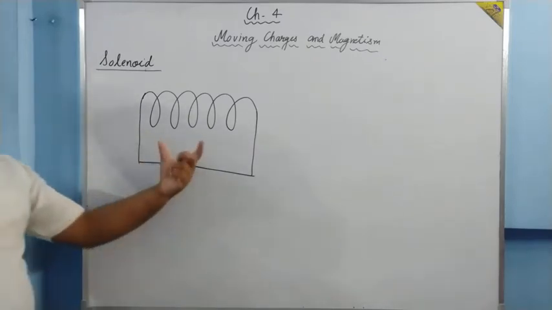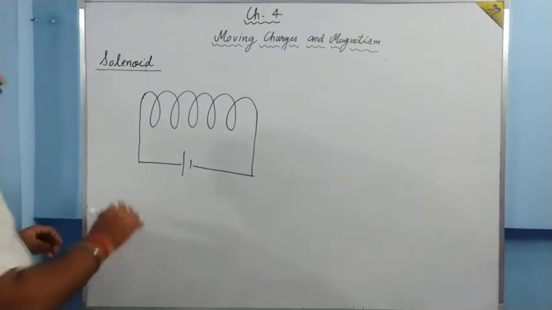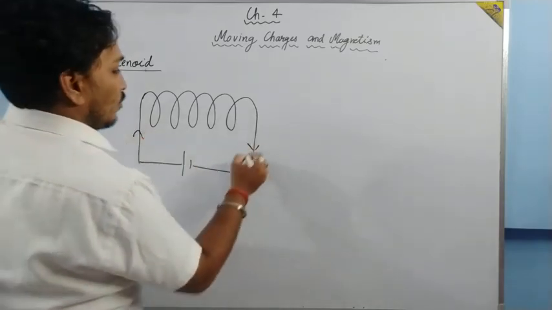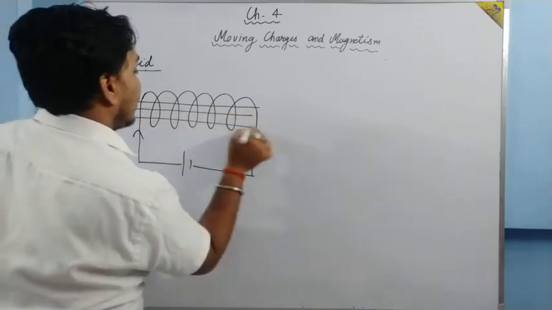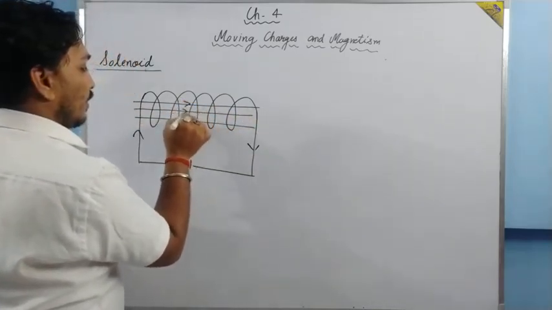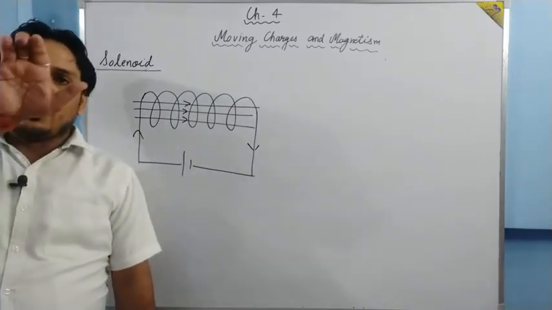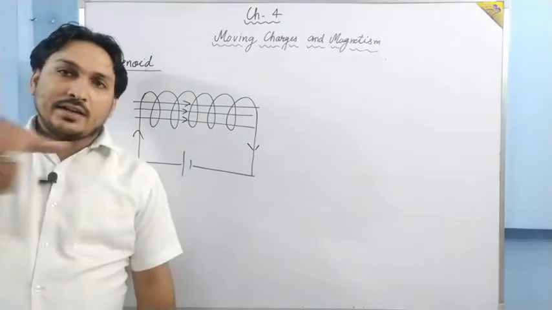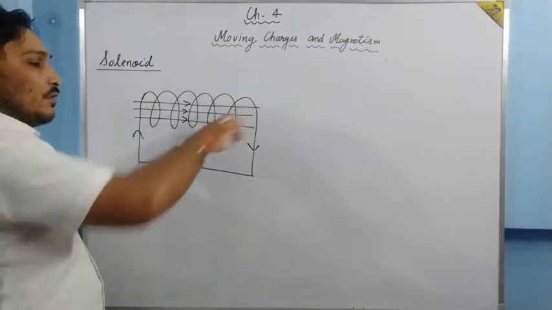This arrangement is called a solenoid. So what is the magnetic field in the solenoid? Suppose the current is going this way. Then the magnetic field inside the turns of the solenoid is in this way. Suppose current is flowing in the turns like this, so the extended thumb gives the direction of magnetic field. The direction of magnetic field is in this way.